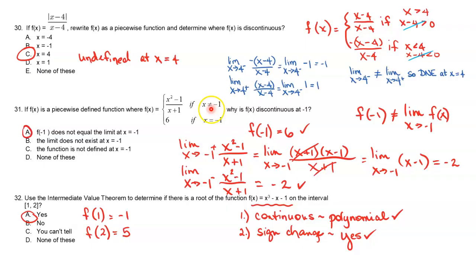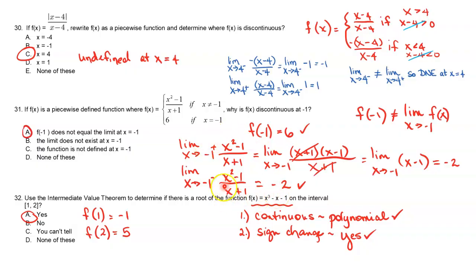None of those are equal to negative 1. So from the left and from the right, we're going to use this equation. So that's what you can see here. Neither of those are well behaved, so we would need to factor and cancel. So that would leave us with the limit of a polynomial, which is well behaved. I could do direct substitution, and then the exact same thing happens down here from the left.